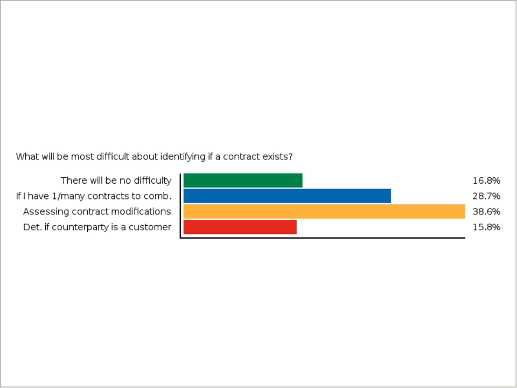Okay, so it looks like for the majority of folks, assessing contract modifications is going to be the key point, and then combination of contracts being second there.